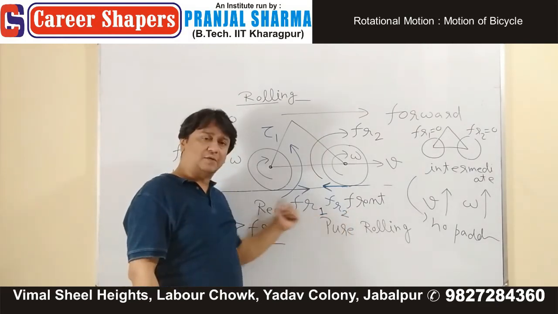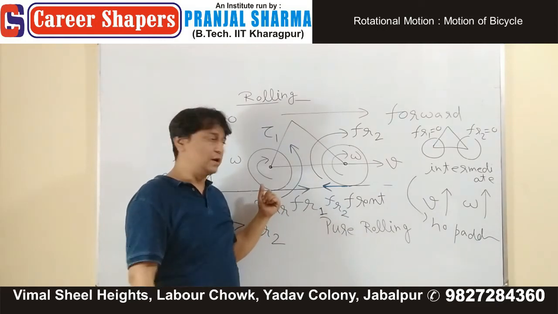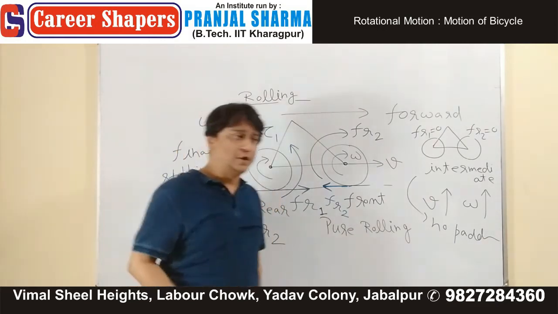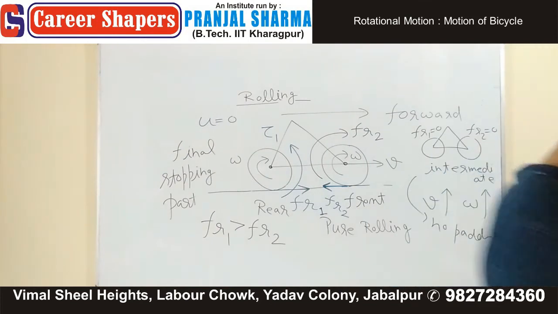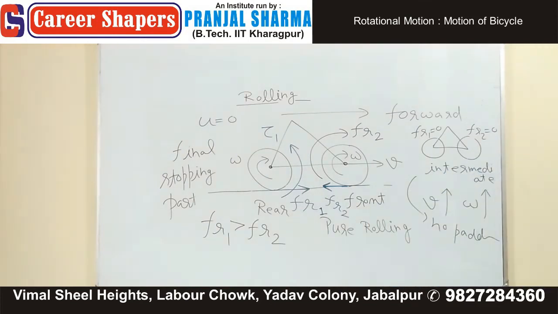If you think they are in the backward direction, then write down accordingly. So what do you think when you stop the bicycle by using brakes? What happens to FR1 and FR2? Remember, we have stopped pedaling and we are applying brakes, and brakes are present only in the rear wheel.